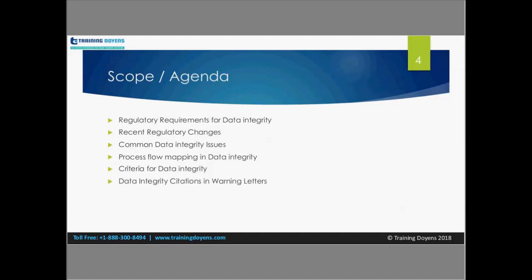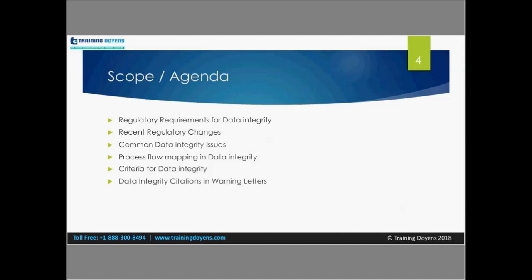I see a lot of FDA and regulatory observations related to data integrity in the laboratory and the operations area still, even though there's so much information and guidelines out there. We do touch a little bit on IT issues as well, so if you're looking for some help with information technology or computer type issues, we touch on that as well.